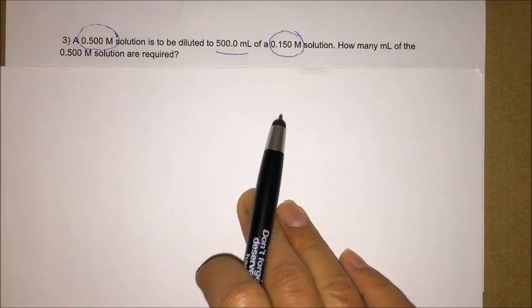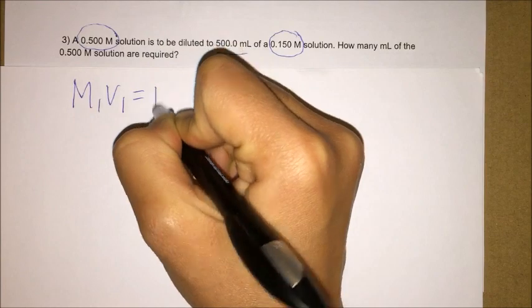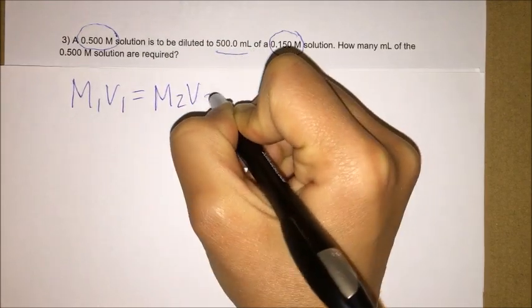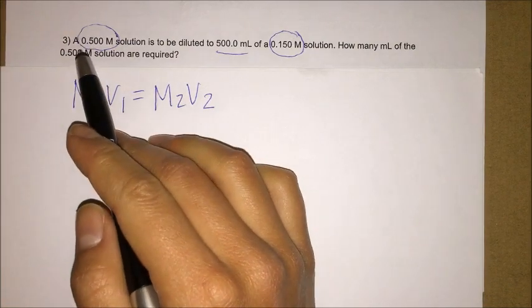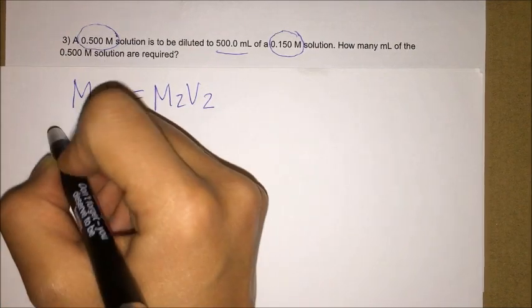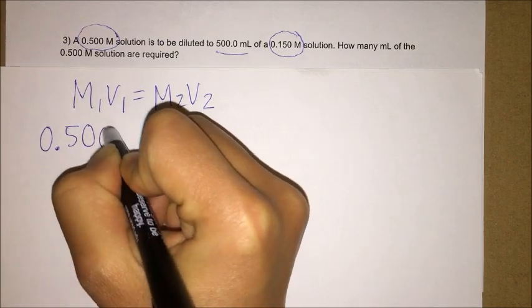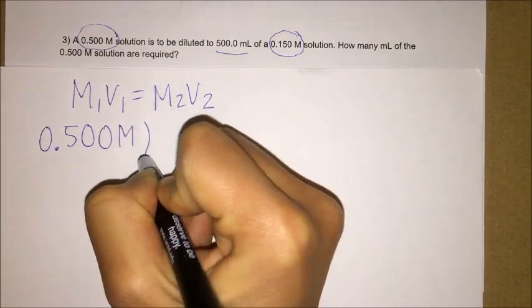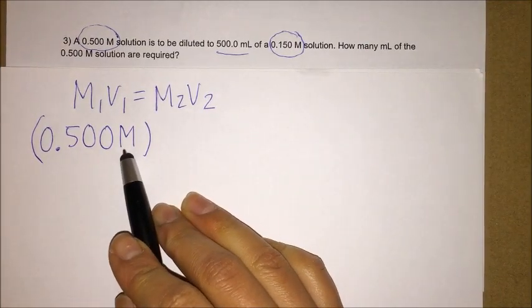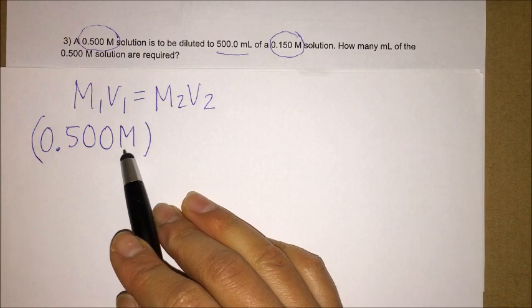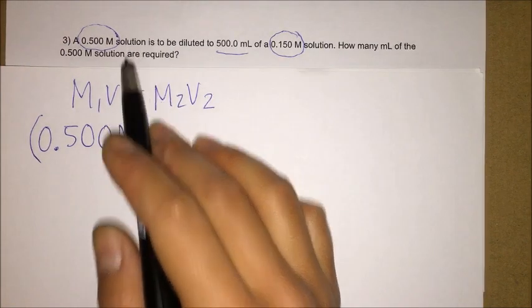So I'm going to go ahead and rewrite the equation M1V1 equals M2V2. Your M1 is going to be 0.500 because whenever you make a dilution, you always start out with the greater concentration solution. So pretend that the solution is Kool-Aid.